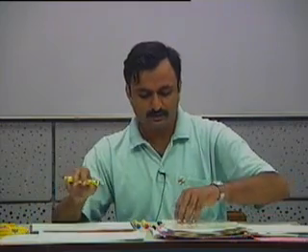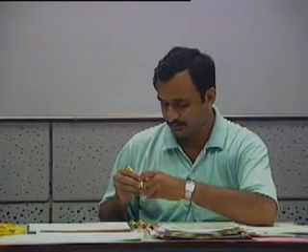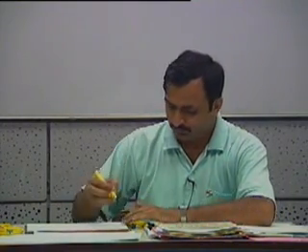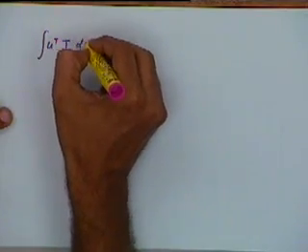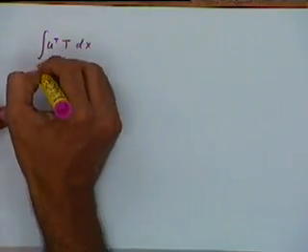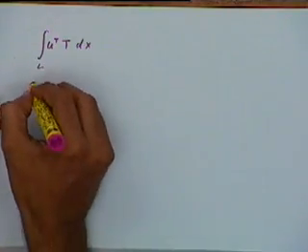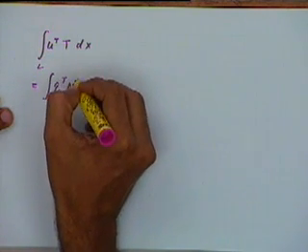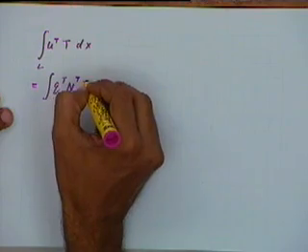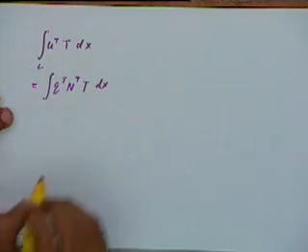For this term what we will get is a similar relation: integral of u transpose t dx over the length. This is equal to integral of q transpose n transpose multiplied by t dx.